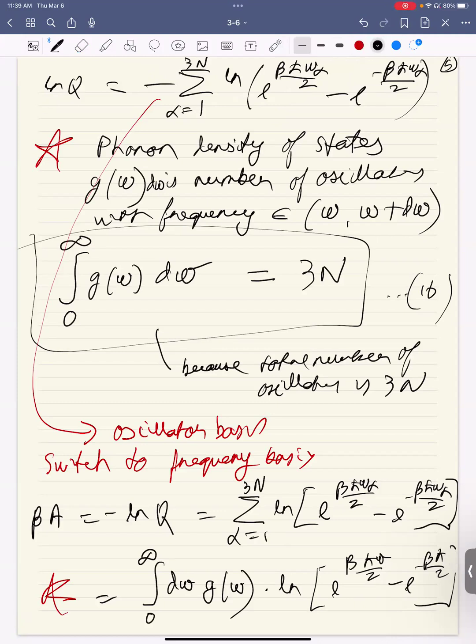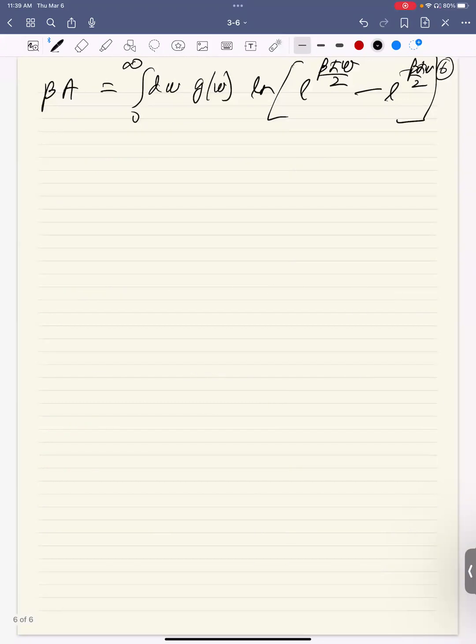Omega alpha was needed in the oscillator picture, when I needed omega Rachel, omega Amy and things like that. But now I am looking at the value of omega, not oscillator by oscillator. So the integral itself takes care of how omega is changing. So there is no omega alpha now. Notice alpha disappeared.